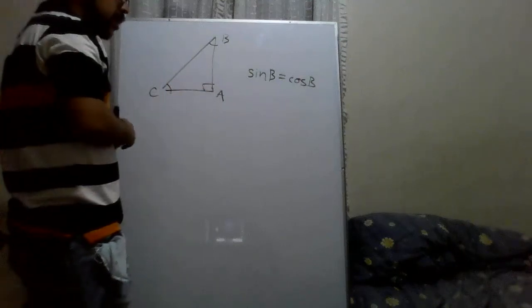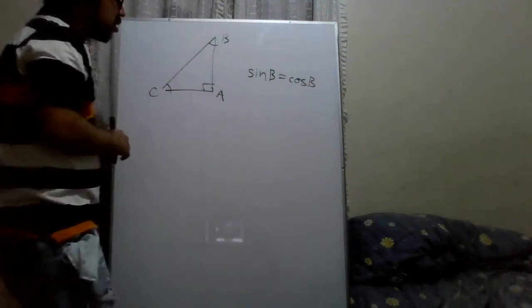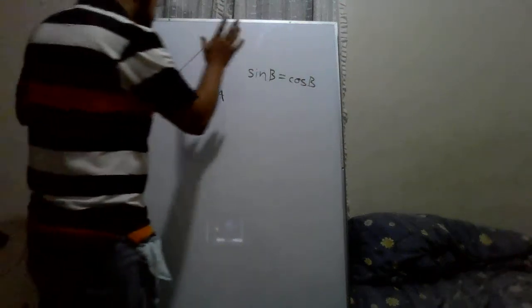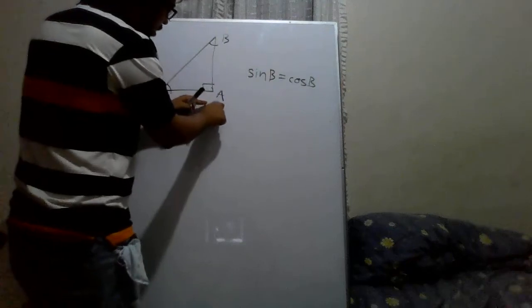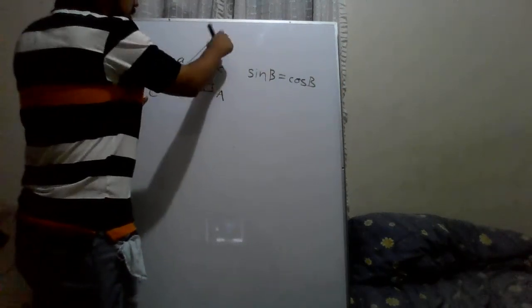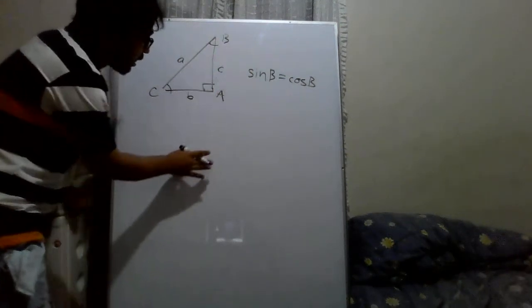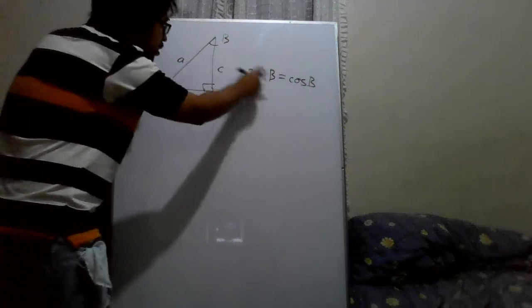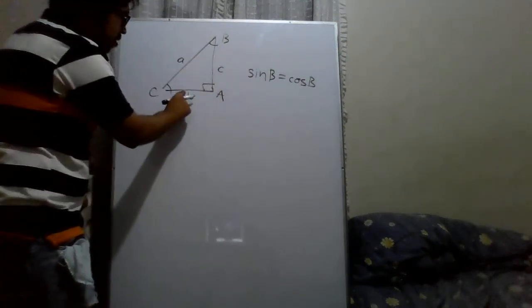Well, we don't have too much information about the sides of the right triangle or their angles, but this is a very specific condition. So let's call this angle A, this side C, and this side B. We have just put names on the sides. So the sine of B, this is the angle B, is the opposite leg over the hypotenuse.